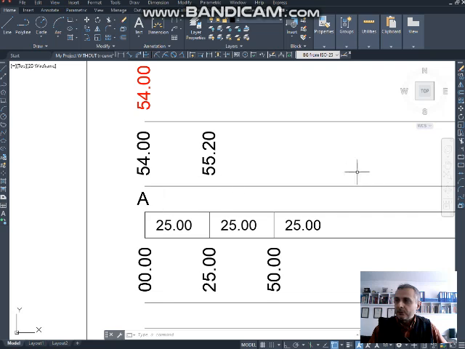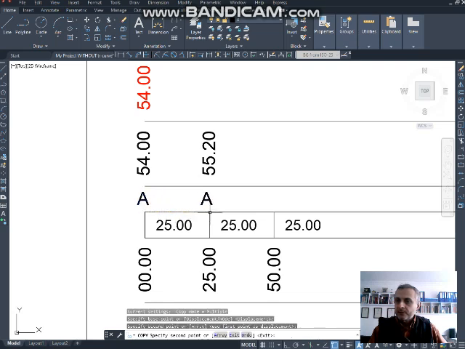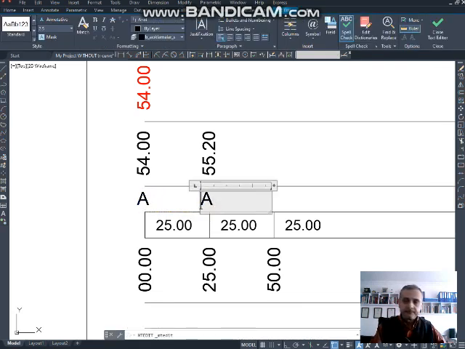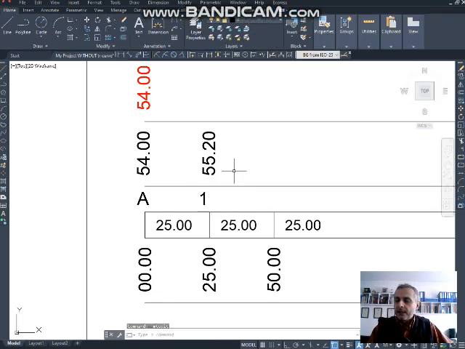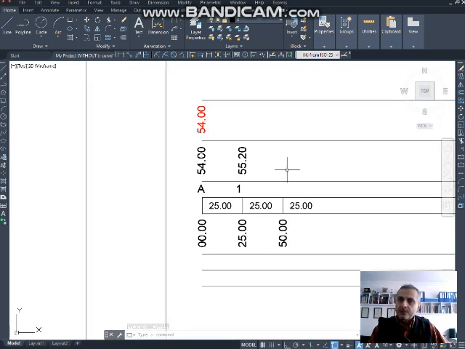Don't forget to also write the cross section name, that is number 1. So you have to repeat this for every cross section using the same similarity of triangles, starting from A to the last cross section B, together with the names and the distances between them.